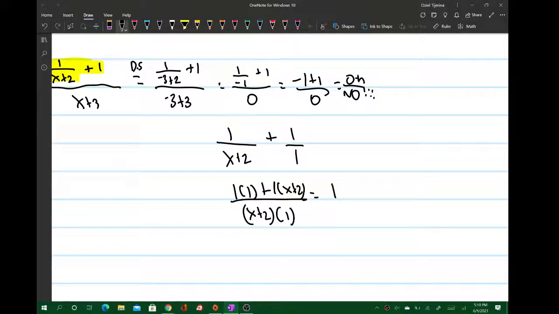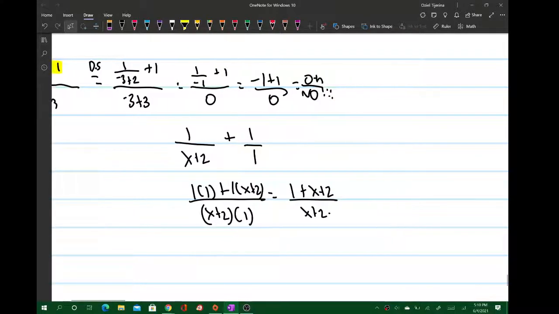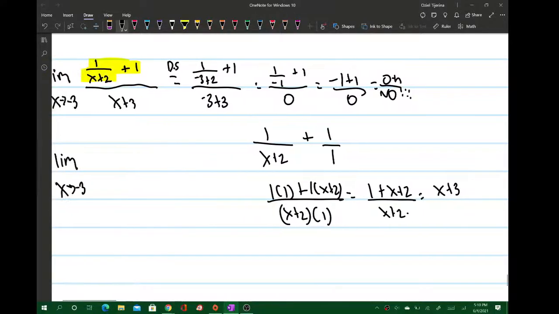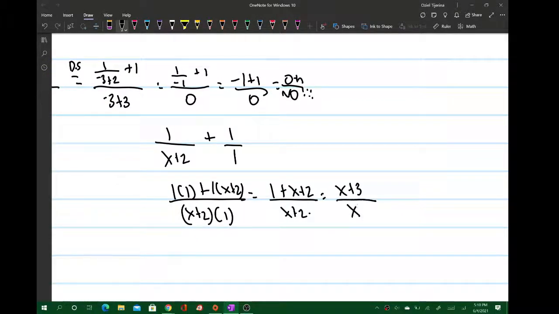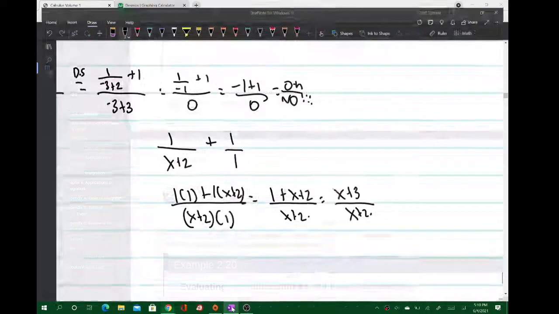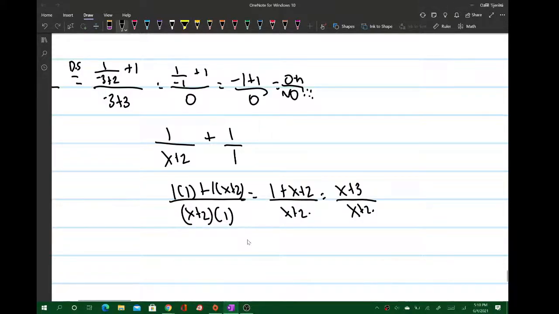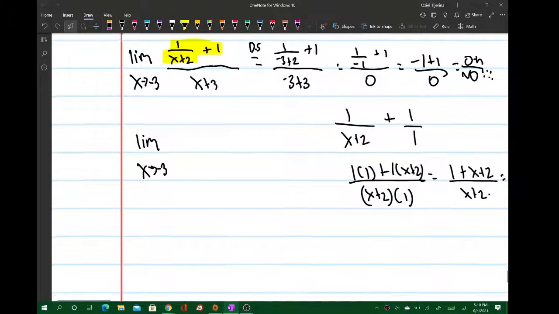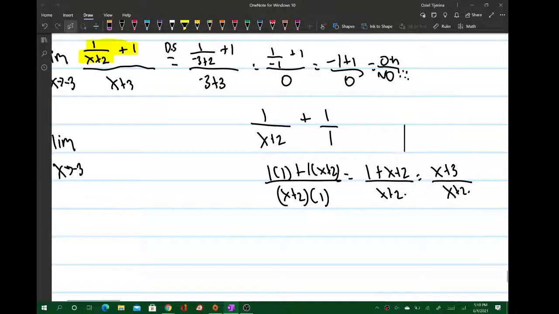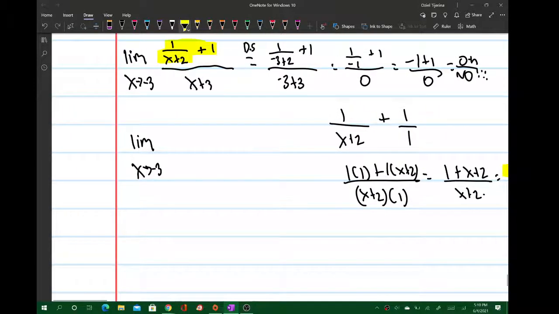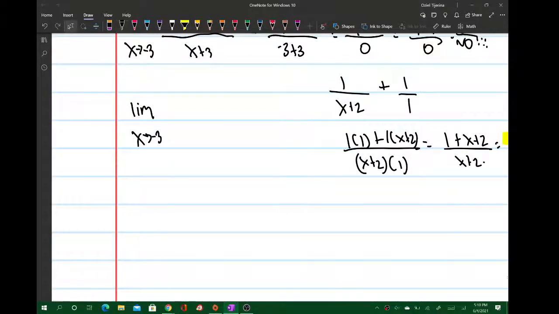This is equal to 1 plus x plus 2 over x plus 2. This is going to be equal to x plus 3 over x plus 2. So that's what that equals. That's this part here.